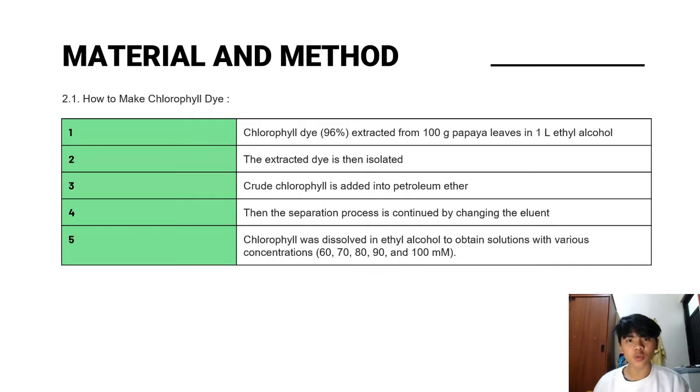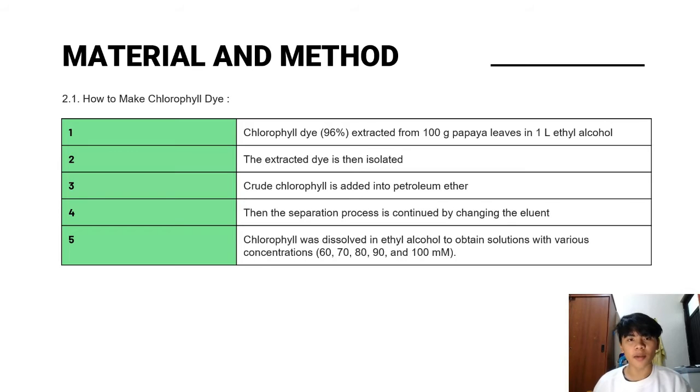The separation process was continued by replacing the eluent with 10% solution of diethyl ether in petroleum ether to produce 0.76 gram chlorophyll or green color, 0.035 gram beta carotene or yellow color, 0.03 pheophytin or orange color, and residue.